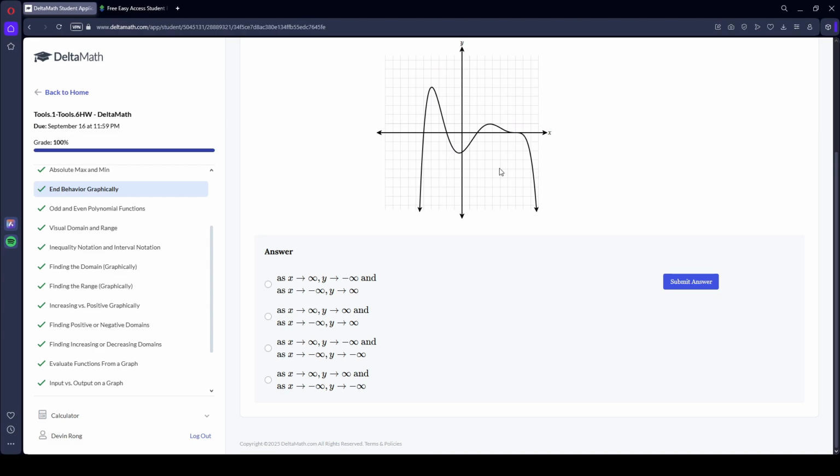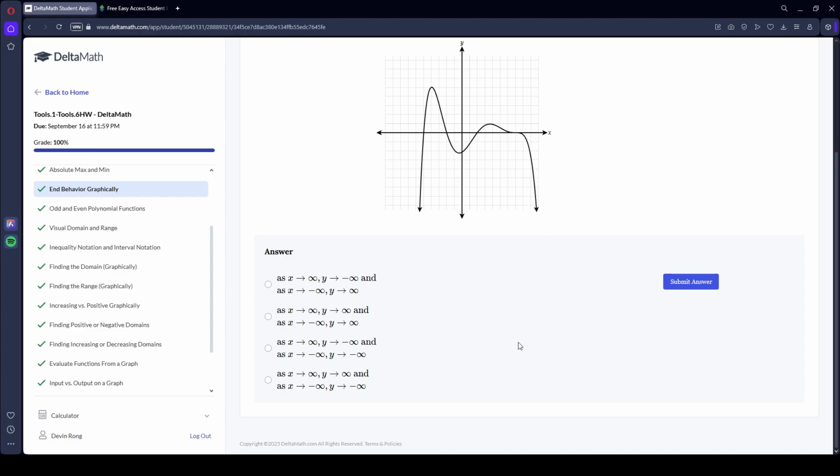Now let's focus on the right side of the graph. When we focus on the right side of the graph, x is approaching infinity because it's going right. Now when x approaches infinity going right, let's see what y does. The end point where the arrow is going. It's going down.